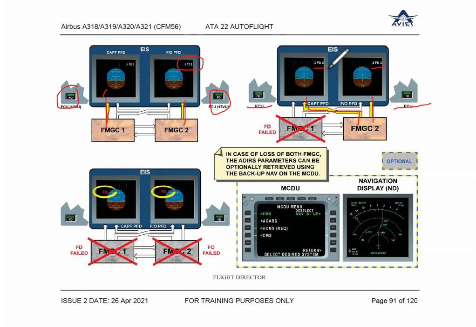It means FMGC 1 is not providing the indications for the flight director. Both indications are coming from FMGC 2. Same with 1FD1, it means number 2 has failed.